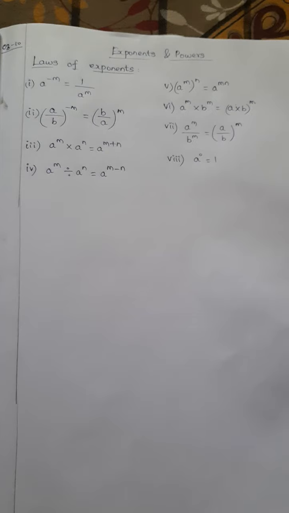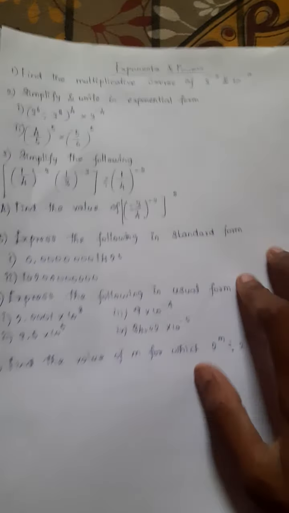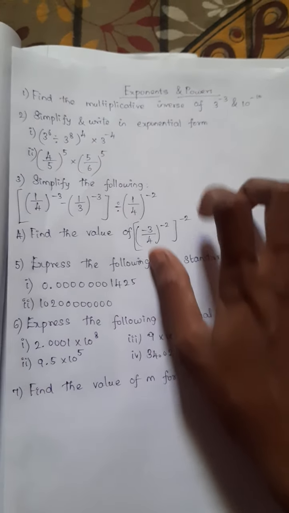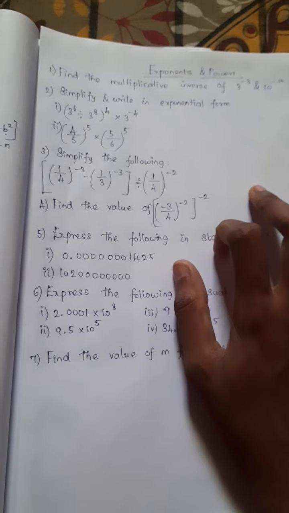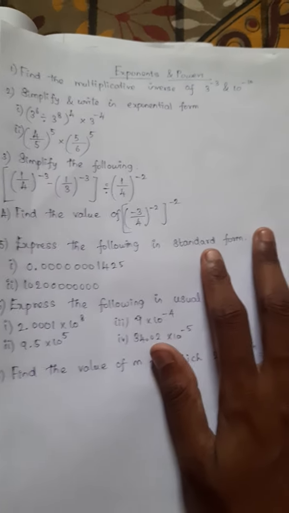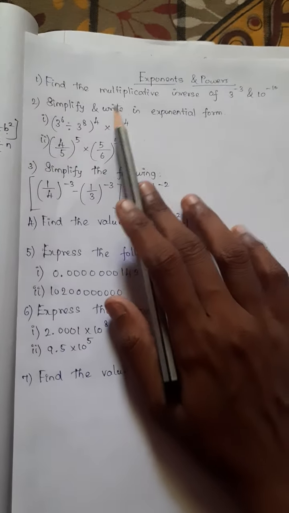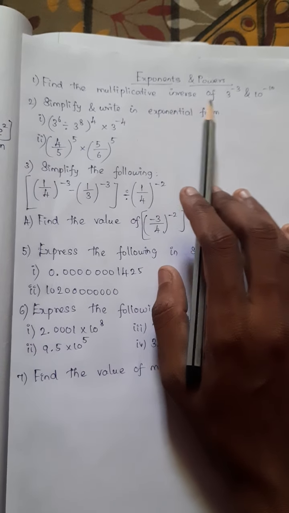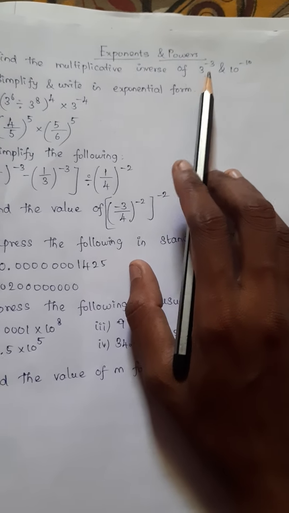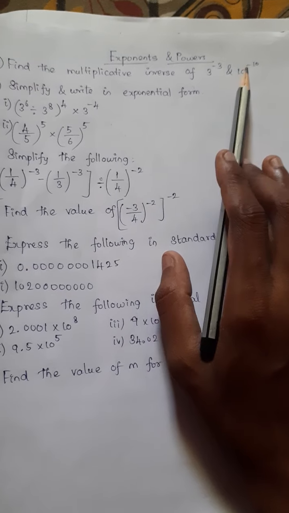Let's get into the sums. I have noted down some sums. Now we are going to solve all these. So first one, find the multiplicative inverse of 3 power minus 3 and 10 power minus 10.